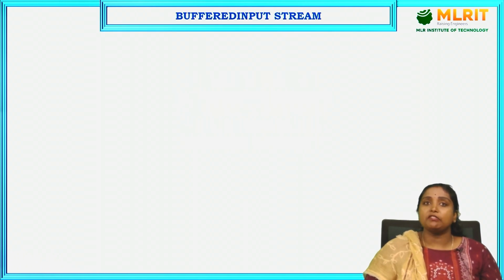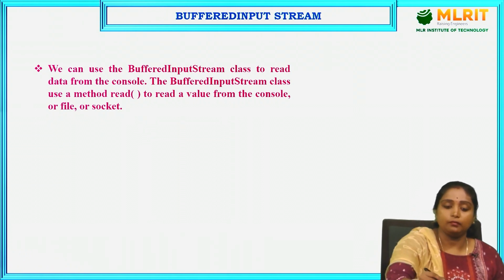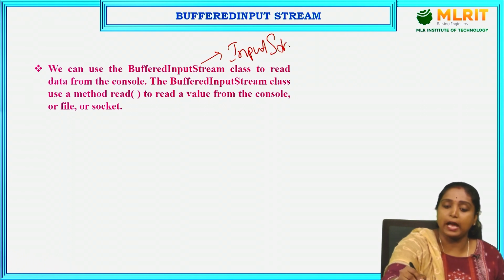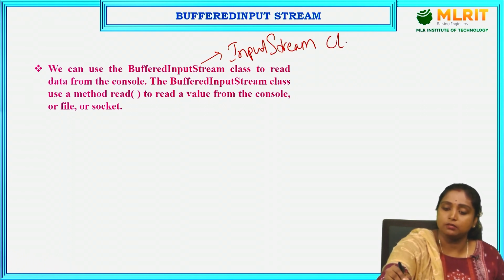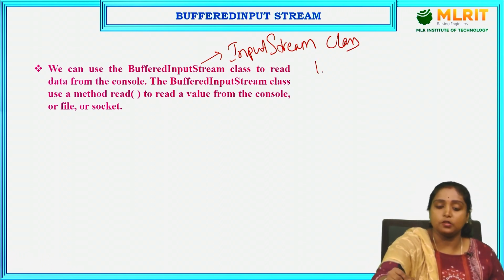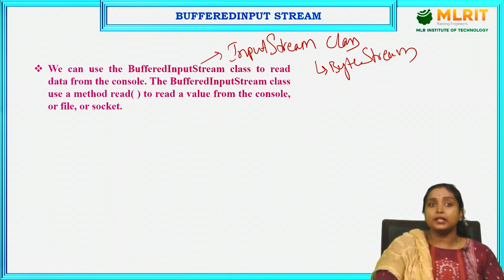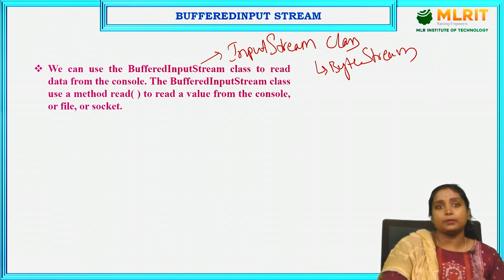So coming to buffered input stream. Buffered input stream belongs to the input stream class, which we have seen in the last session, the input stream class which belongs to byte stream. We can use buffered input stream to read data from the console.